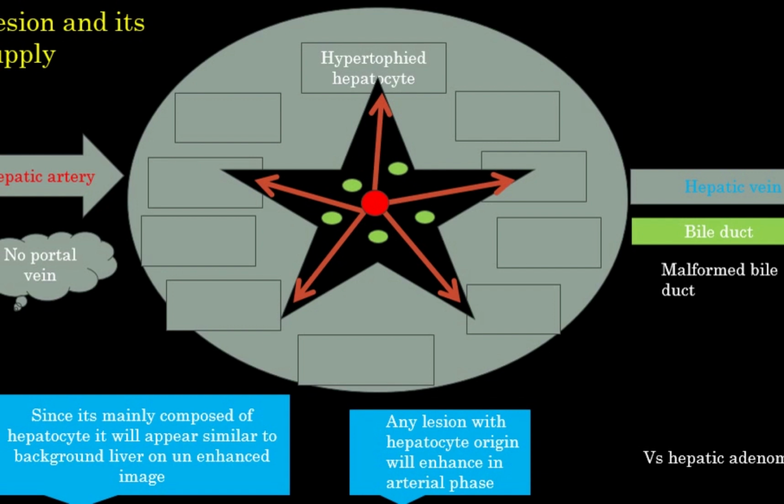This will help you understand why, in the hepatobiliary phase, which starts after 20 minutes of hepatocyte-specific contrast injection, it appears the way it does. It's hepatocyte-specific, so it's not gadolinium, and it will take 20 minutes.